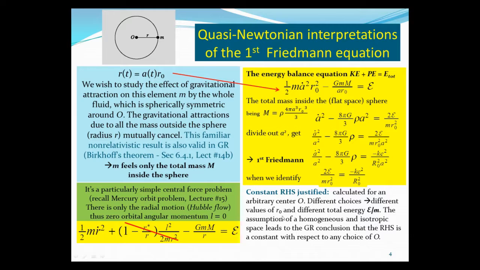Different choices give different values of r naught and different total energy, E over m. So the assumption of a homogeneous isotropic space led GR to conclude the right hand side is a constant with respect to any choice of O. So the first equation can be interpreted simply as the energy balance equation, but with the total energy identified with the curvature signature term.